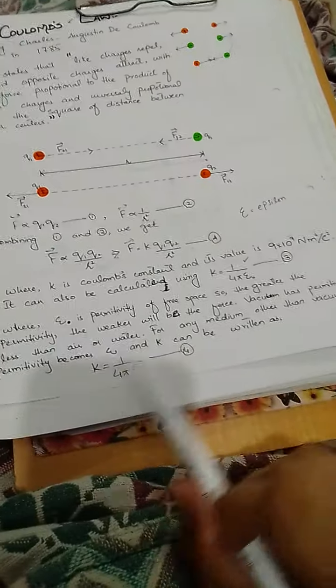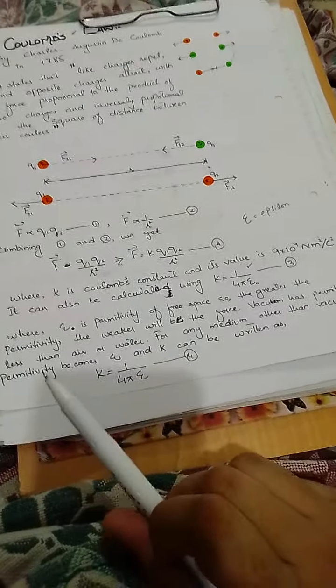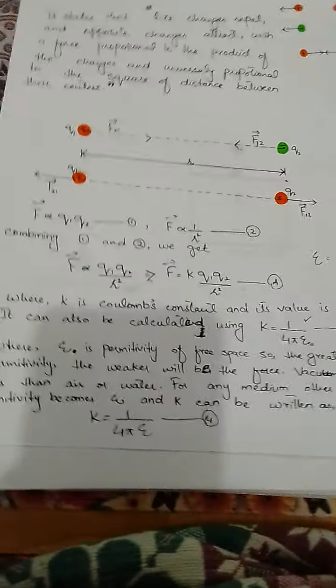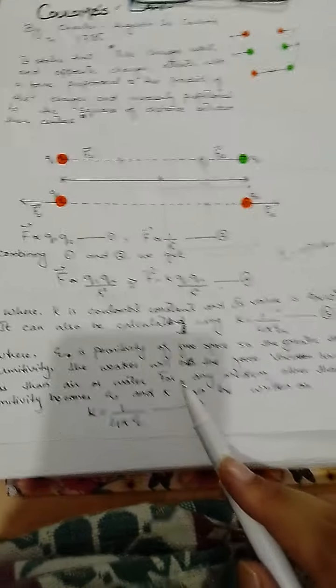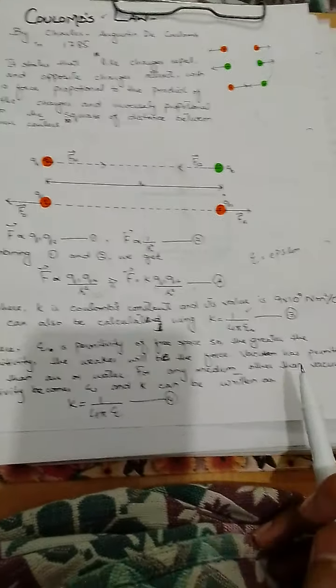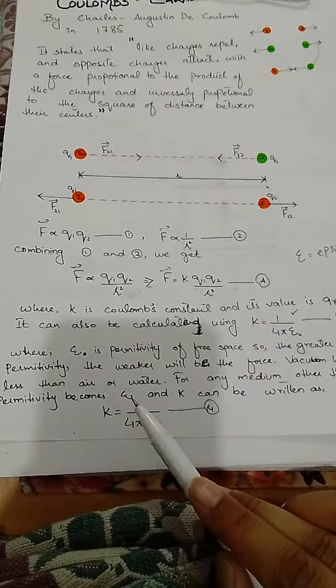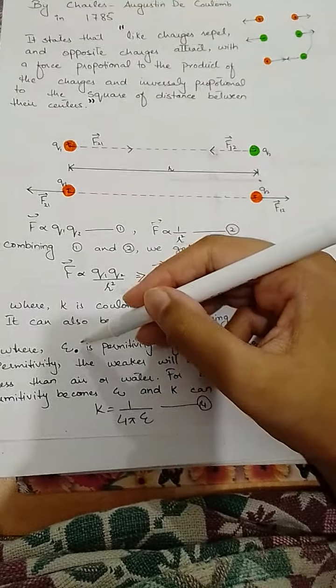Vacuum has a permittivity less than air or water, or air or water has a permittivity greater than that of the vacuum. So for any medium other than vacuum, the permittivity becomes epsilon. So this is the difference from epsilon naught.